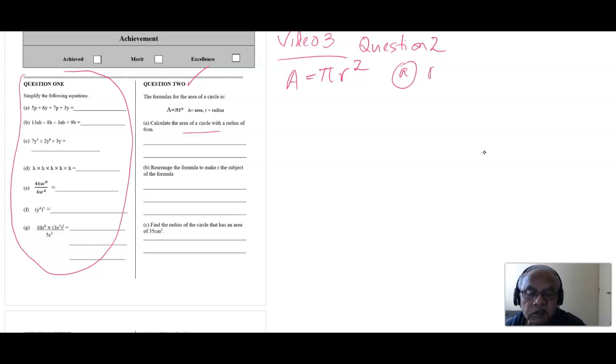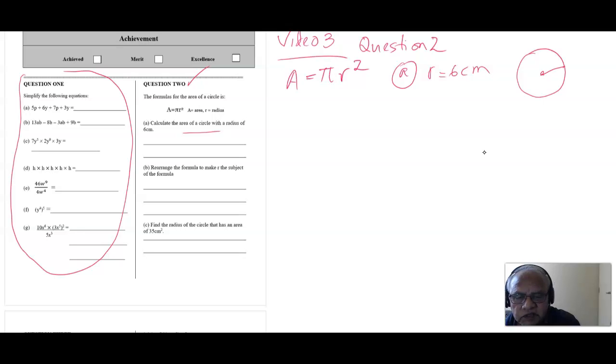This is the reason we always say read the question, because whether the radius is given or the diameter is given is going to make a huge difference. So radius is this one, halfway through from the center, right? So that makes it easier.